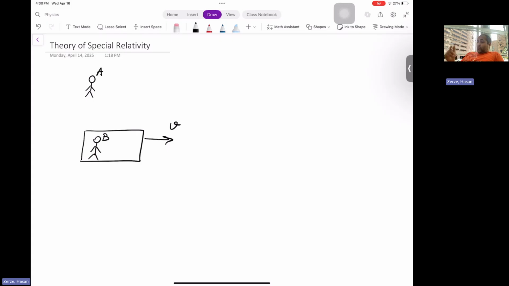And we're going to use the following argument: the speed of light, which is c, is constant for all observers.